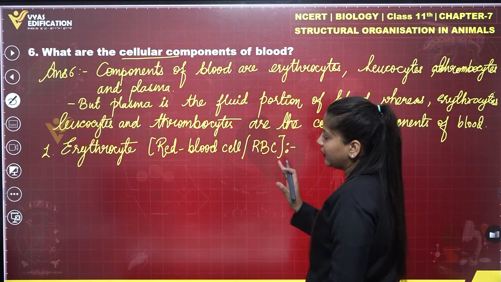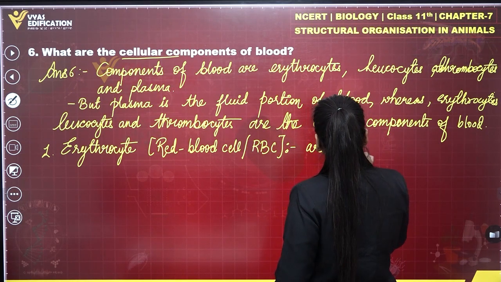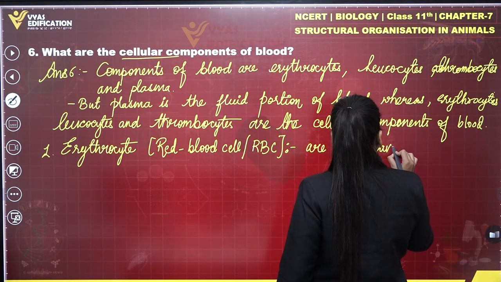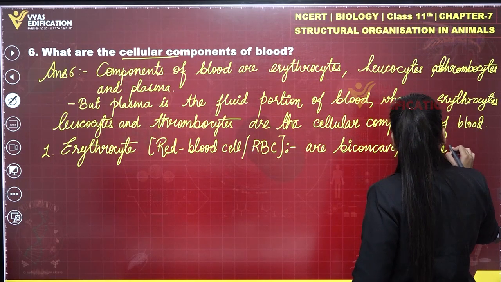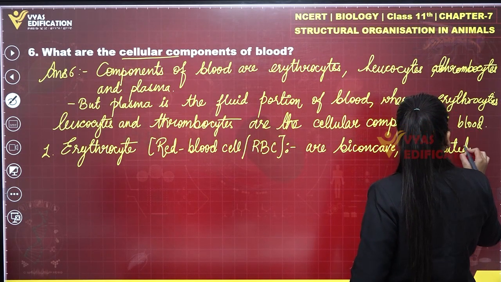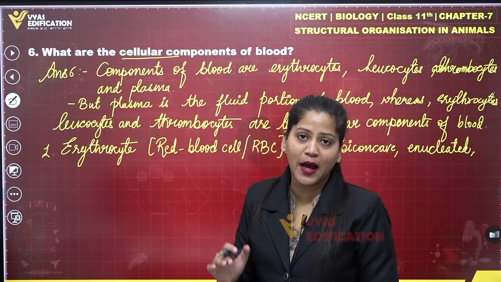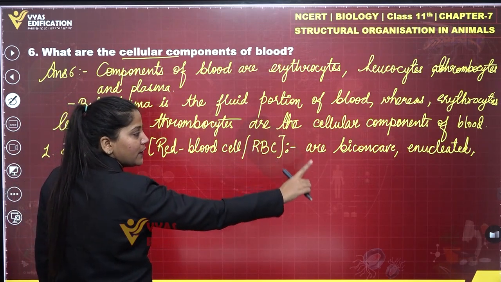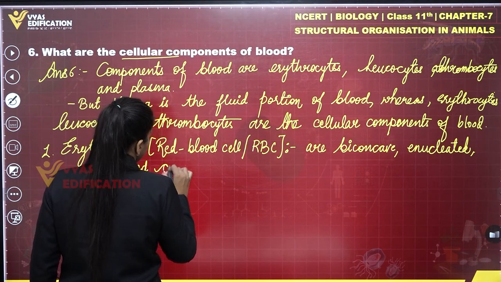First of all, we'll write that erythrocytes are biconcave, enucleated, which means there is no nucleus present in them, and colored cells.